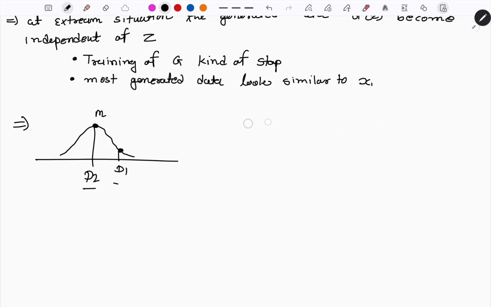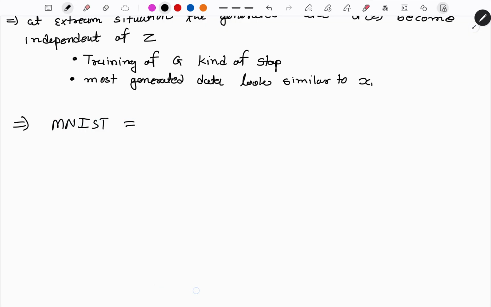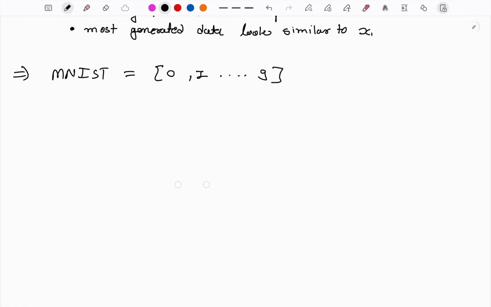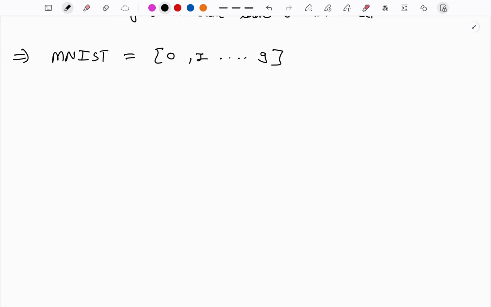So initially, let's take one example. Let's say you have the MNIST dataset. In our MNIST dataset, we have 10 classes from 0, 1 up to 9. So a real world dataset is multi-distribution, meaning a multi-modal dataset. In general, in your dataset you do not have just one bell-shaped curve, but a real world dataset is multi-modal.